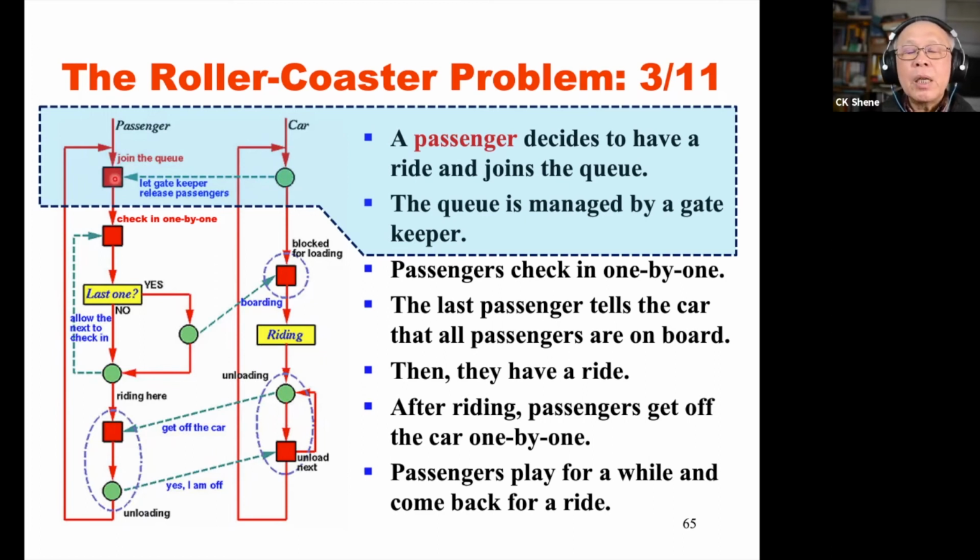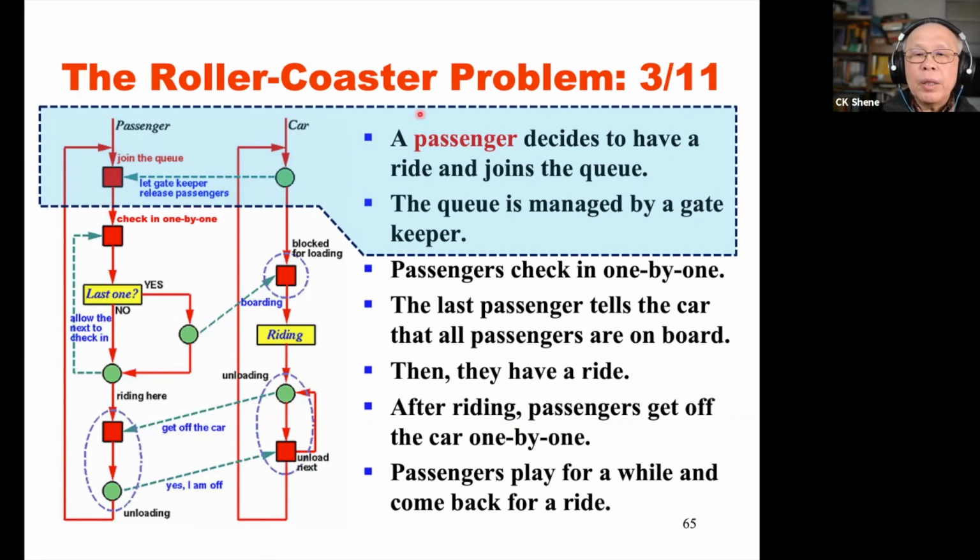This gatekeeper knows whether the roller coaster car is parked safely and empty in the station. So when the car is ready for boarding, this car simply tells the gatekeeper that, okay, I'm there. You could allow passenger to be on board.